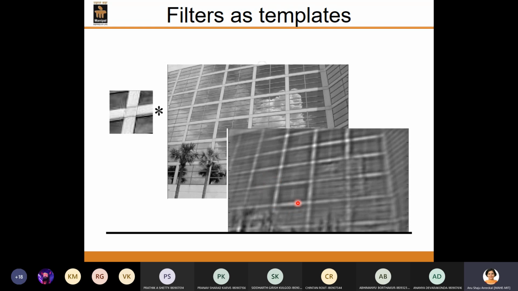In this convolved or filtered image, the points with very high intensity values mean that the correlation between the template and the image is high, whereas the regions of dark intensities mean that the correlation is very low. So this can be used for template matching or identifying a specific pattern within an image.